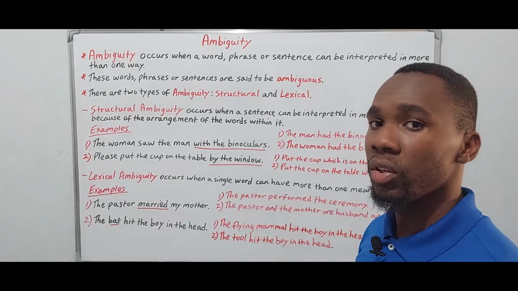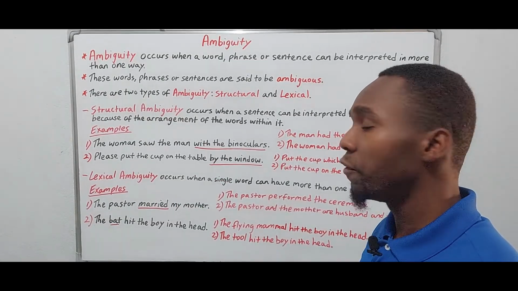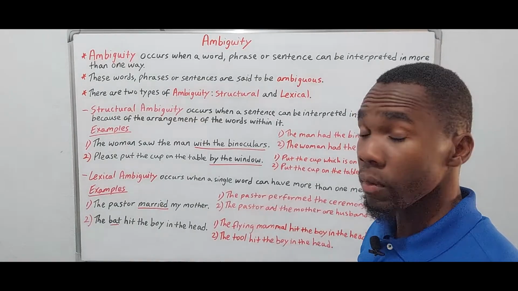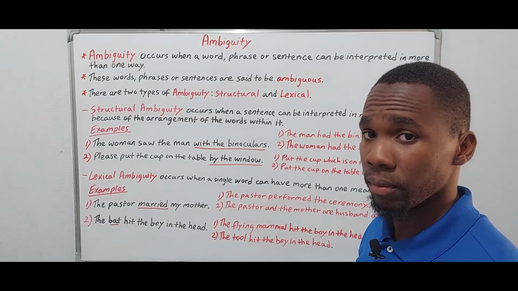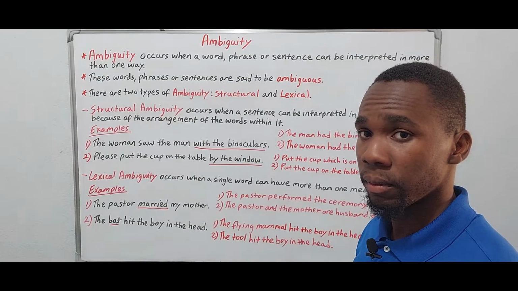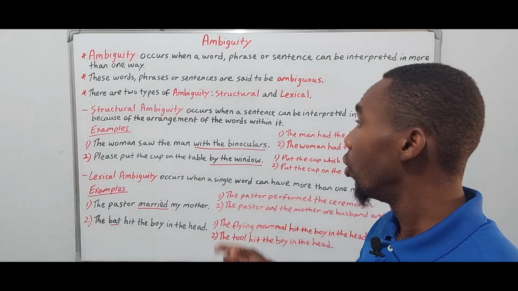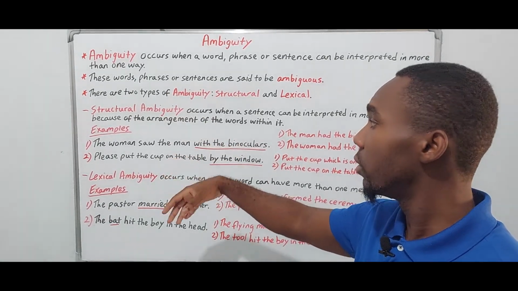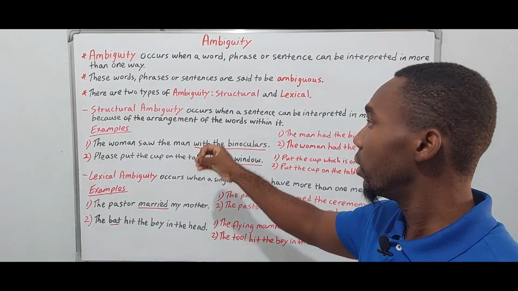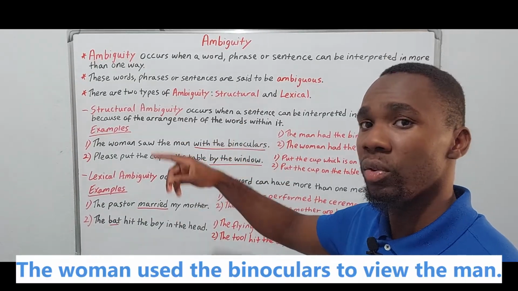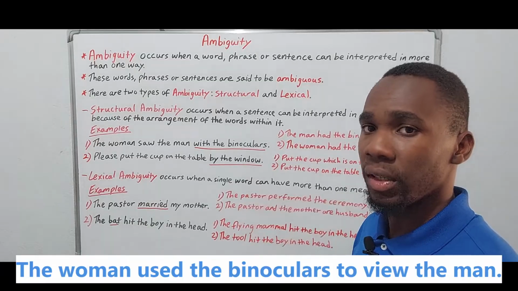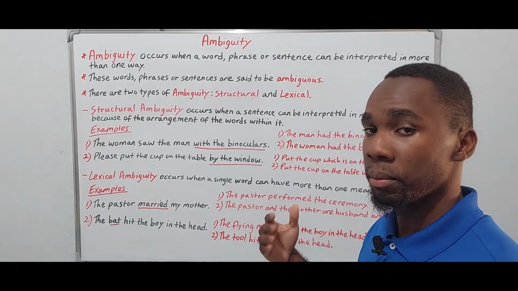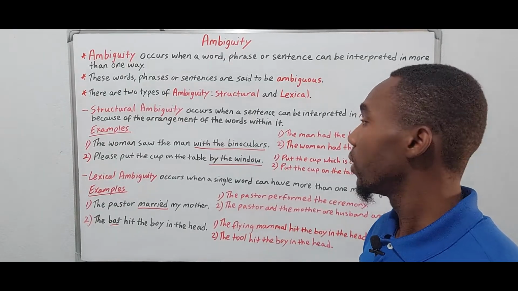So how do we know? Well, a foolproof way to disambiguate any sentence would be to provide more information, right? So we can reword this and we could say the woman used the binoculars to view the man. So obviously in that case, it is clear that the woman was the one holding the binoculars, right?